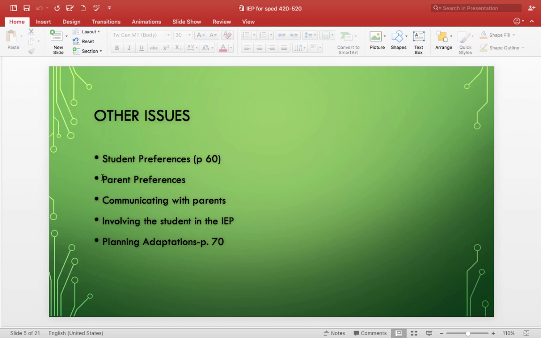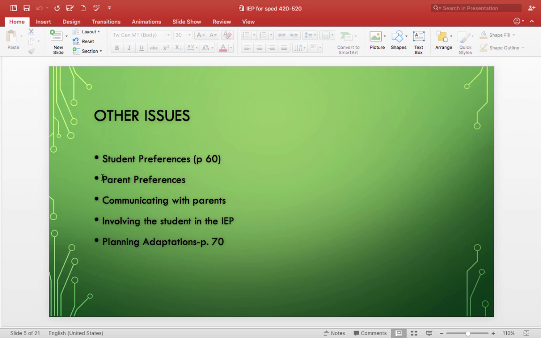So we also want to be able to help them to plan for adaptations, okay? And we've got this 10-step plan here, and I would highly suggest going back and reading through these. I'm getting ready to send you guys your midterm, and it's going to have a lot to do with the standards-based IEP and how you manage some of these things.